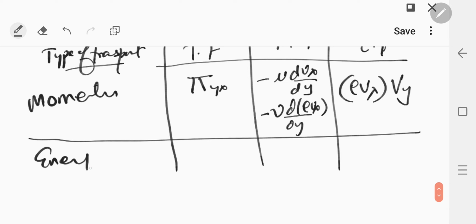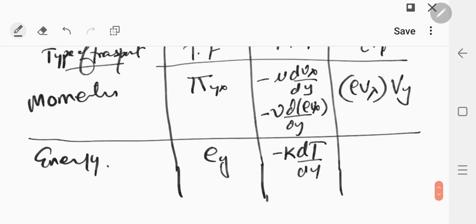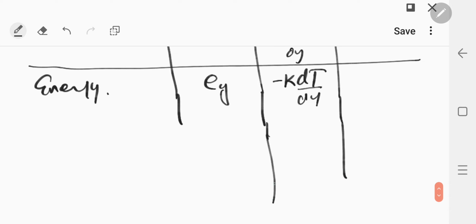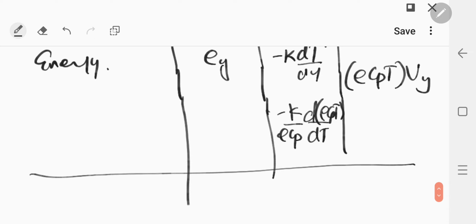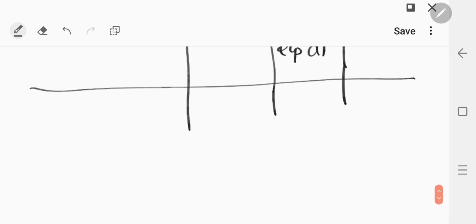Second is energy transport. The total flux is represented by e y. The molecular flux will be minus k dT by dy, or it can be represented as minus k by rho cp times d of rho cp T by dy. And the convective flux will be rho cp T, the quantity per unit volume, times the velocity. And then the third will be mass.